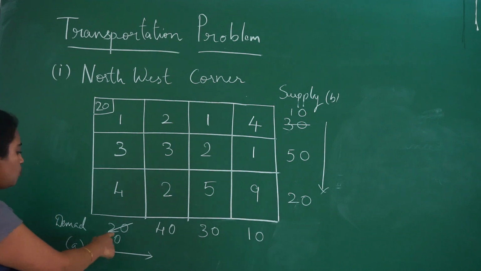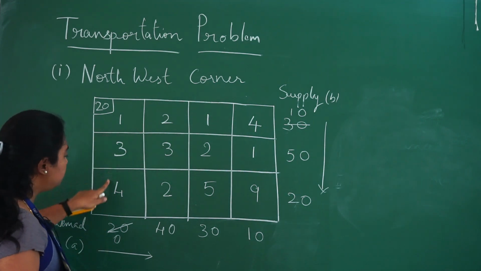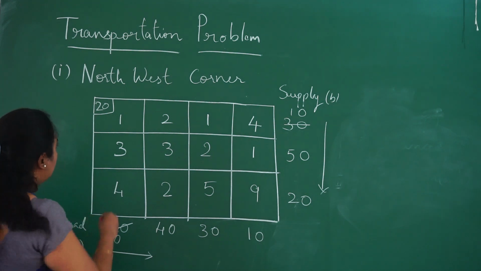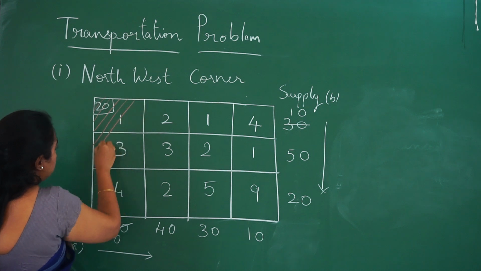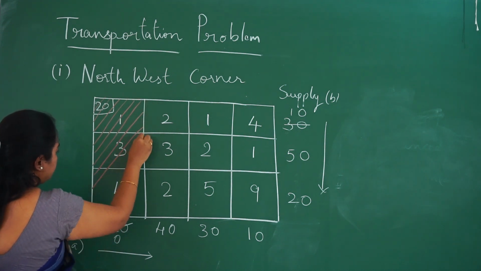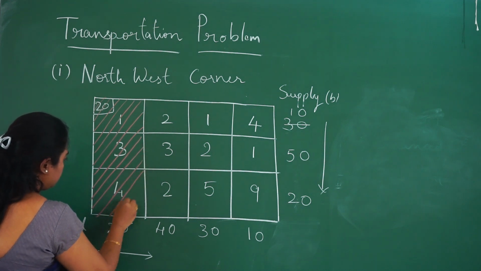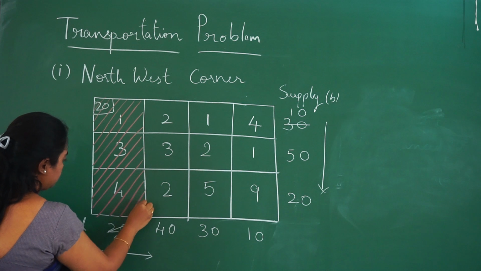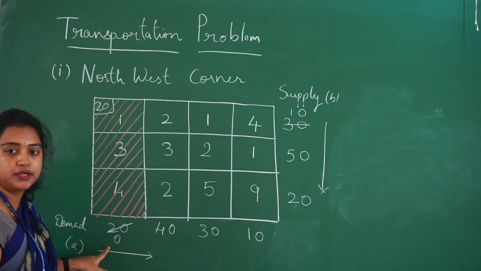Once the 0 has been made, you cannot make any further operations on this particular column. You have to just shade this part so that it won't be confusing for you in the next step. Since this is 0, I am shading this part.